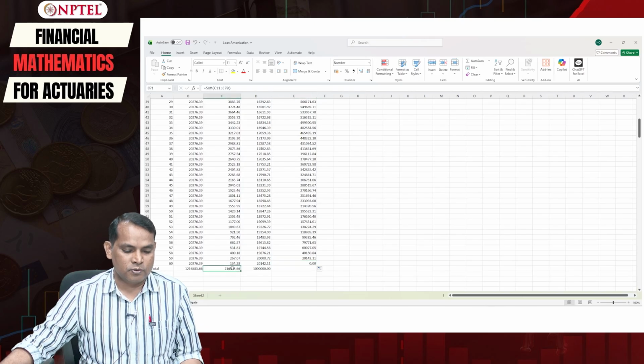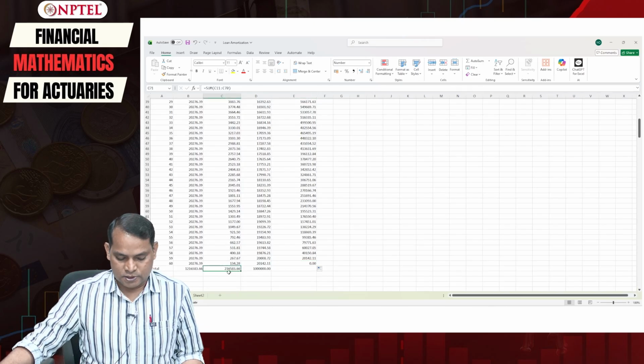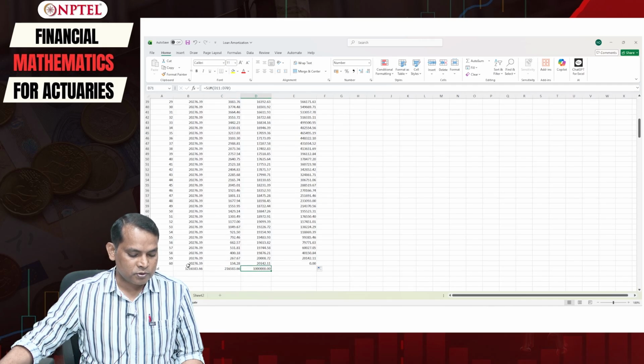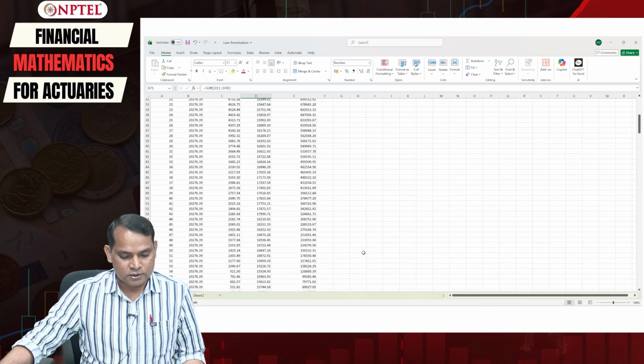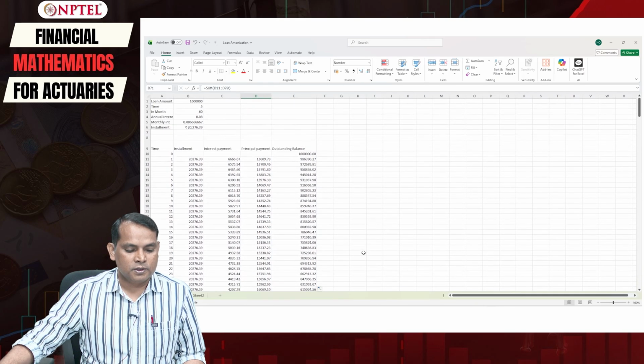This much amount you have just paid as interest, and this is the initial loan, that is the principal amount, and therefore the total amount you have paid is 12,16,583.66. Like this you can easily compute any number.